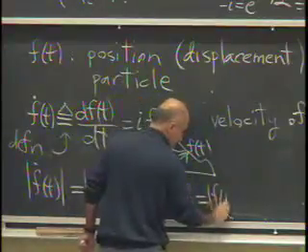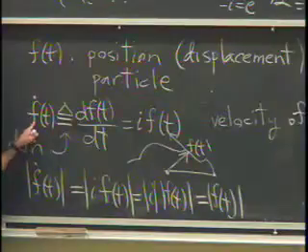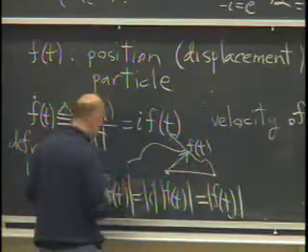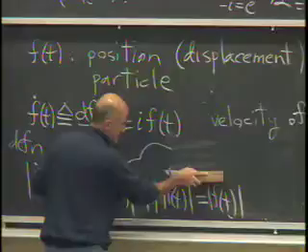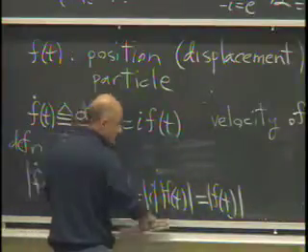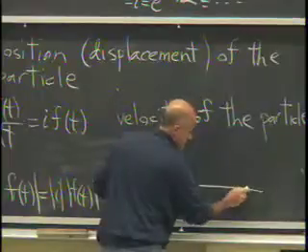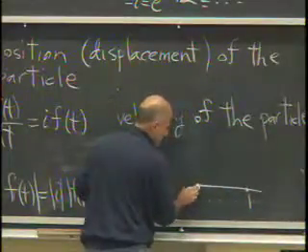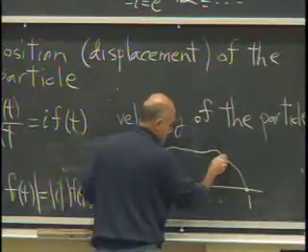So the vector that represents the velocity of the particle makes a 90-degree angle with the displacement vector. This diagram is not in a good place. Let me move it to a less cluttered location. So this is my particle at time 0. Let's say it carves out a trajectory.